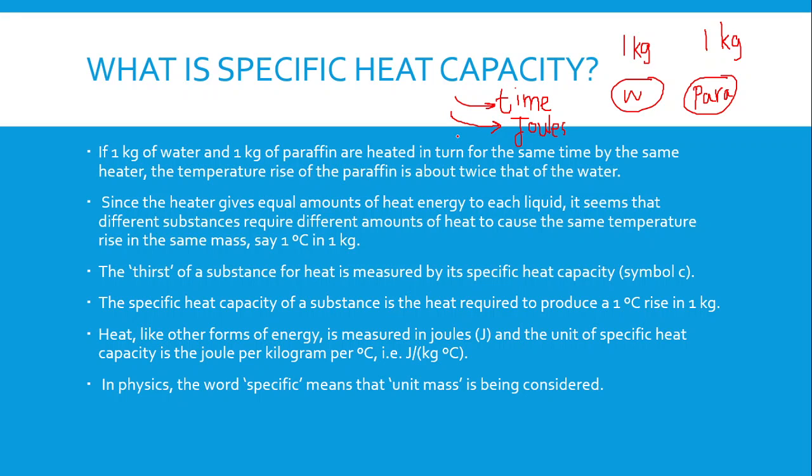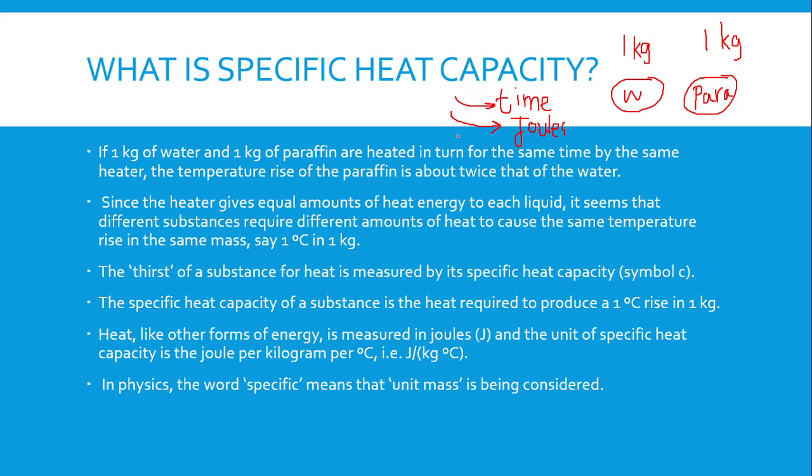So since the heater gives an equal amount of heat energy to each liquid, it seems that different substances require different amounts of heat to cause the same temperature rise. Let's just say 1 degree Celsius and 1 kg mass.